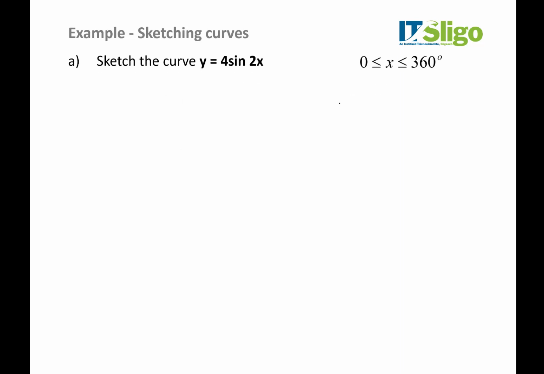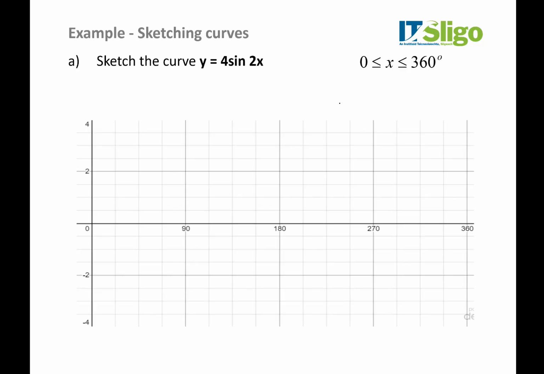Now you'll have to forgive me because I'm drawing freehand here and I'm drawing at an angle. Sketch the curve y is equal to 4 sine 2x. First of all, it's a sine wave, so I start here. It's positive, so I know I'm heading upwards. My amplitude is 4, so I'm going to go right up to the top and right down to the bottom.